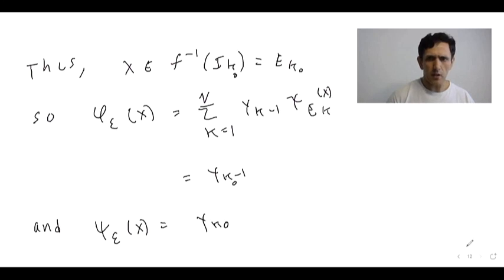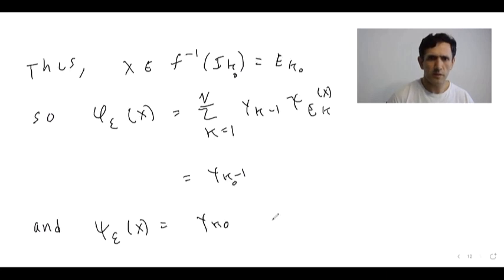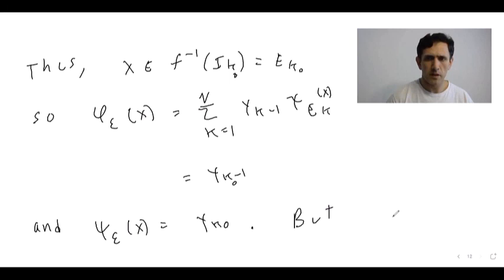So what does this tell me? c is in Ik0. So what does that mean?